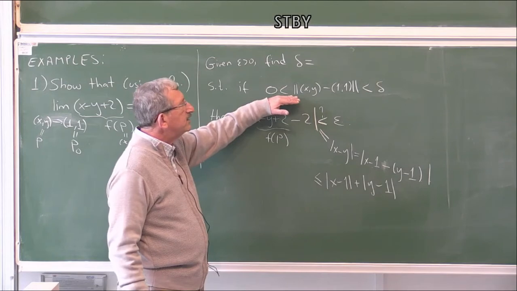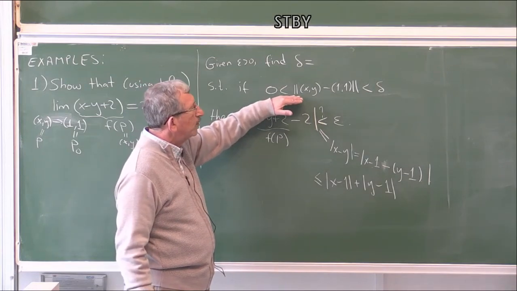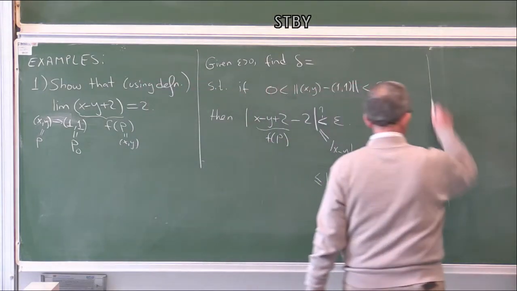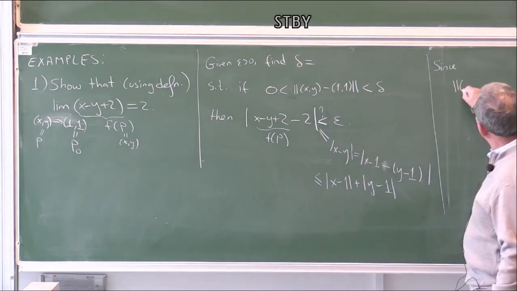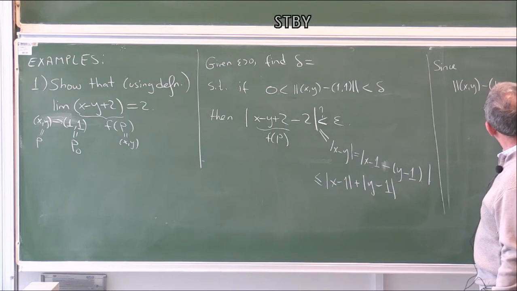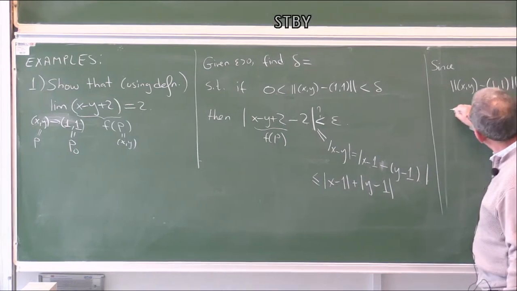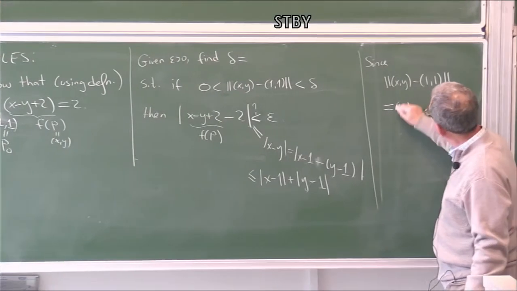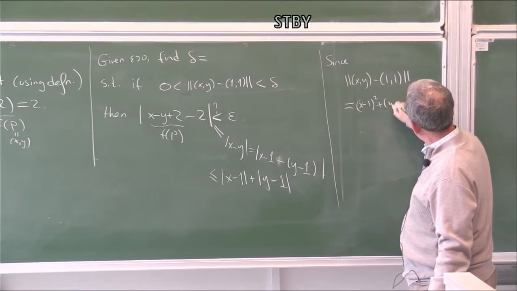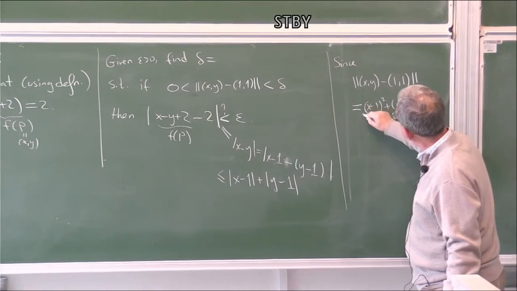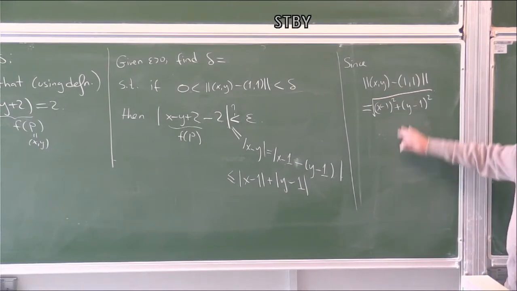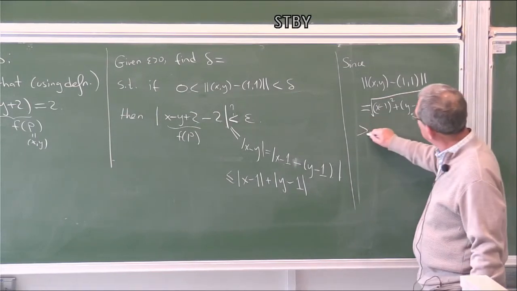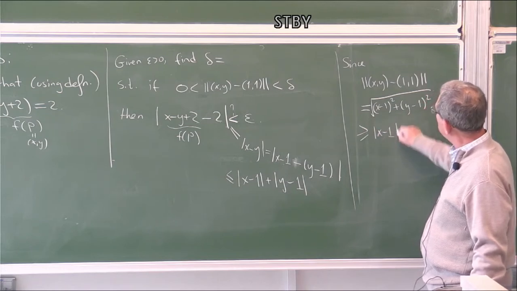To see this, let us check what this means. Since the distance from (x, y) to (1, 1) means exactly the square root of x minus 1 squared plus y minus 1 squared, clearly this is greater than x minus 1 in absolute value.